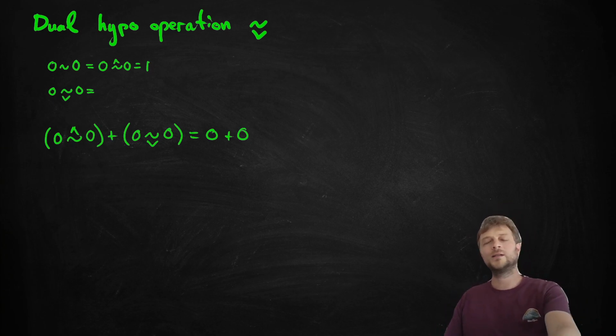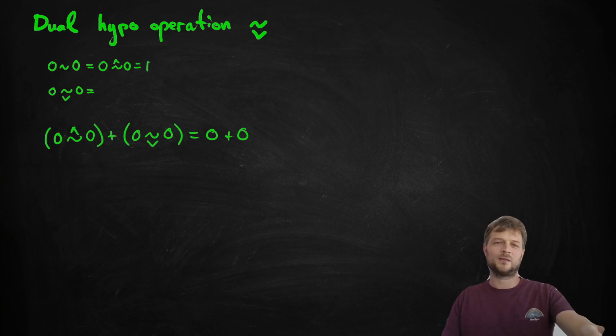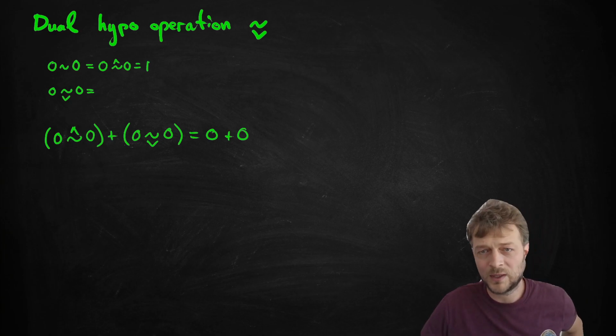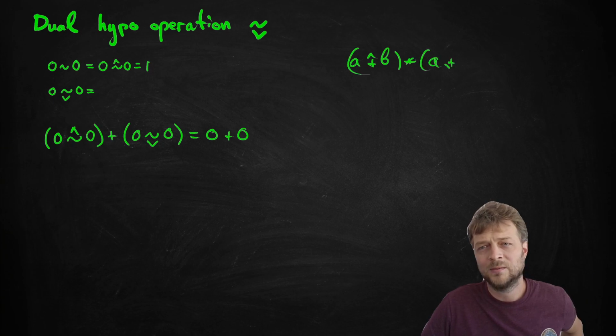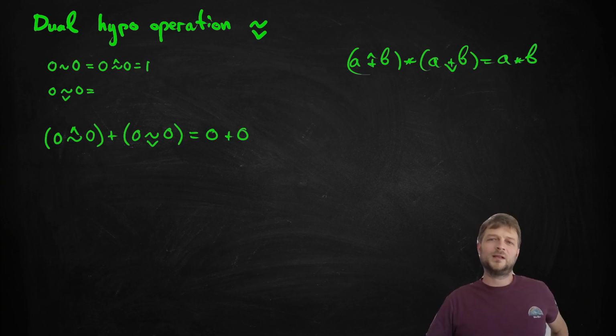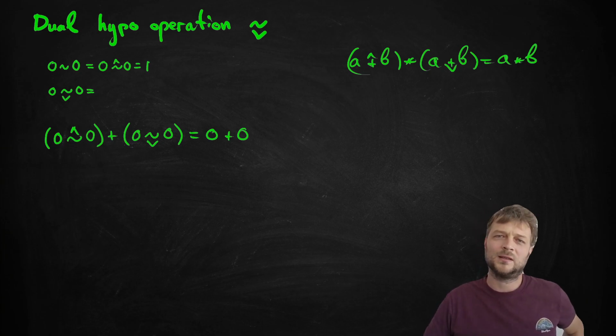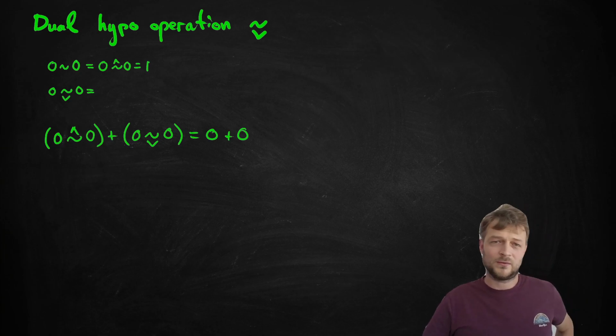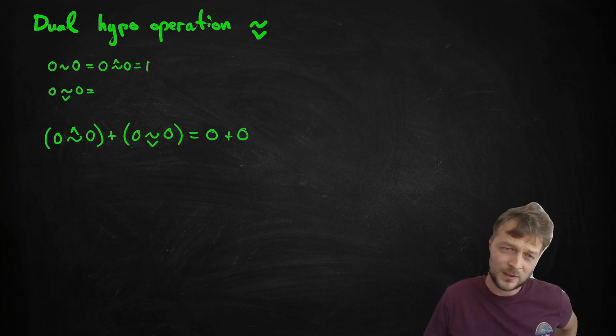Left 0 and right 0 here, I could replace with A and B. Then you maybe would recognize something like we had in the past: A plus B multiplied by A plus B equals A multiplied by B. We had that in the previous videos.